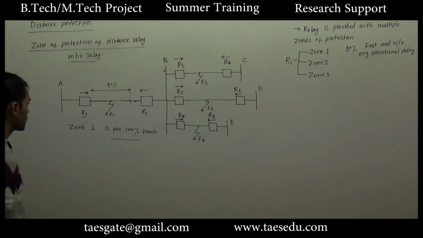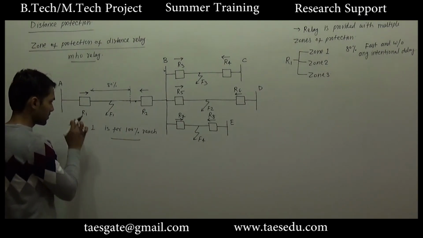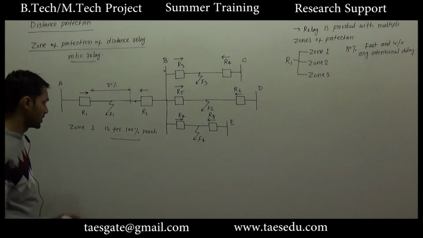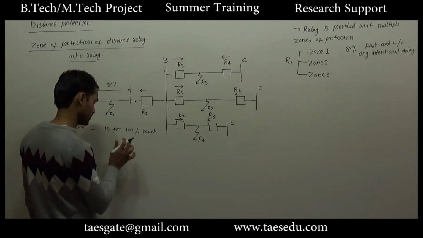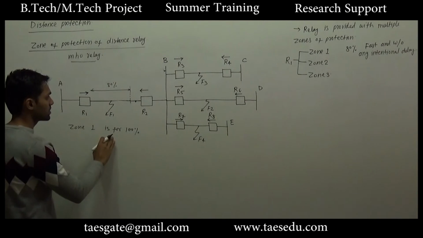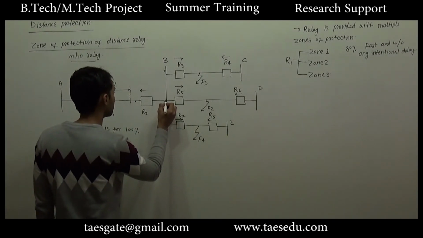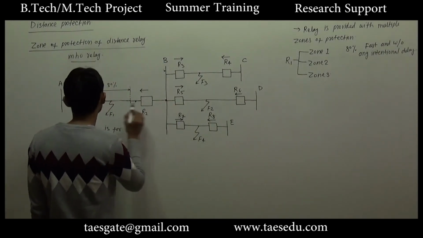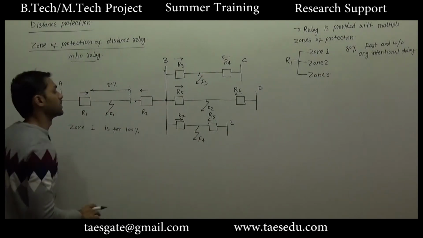Now let's say the reach of zone 1 protection of relay 1 is 100%. That is, zone 1 is providing protection up to the full length of the line.